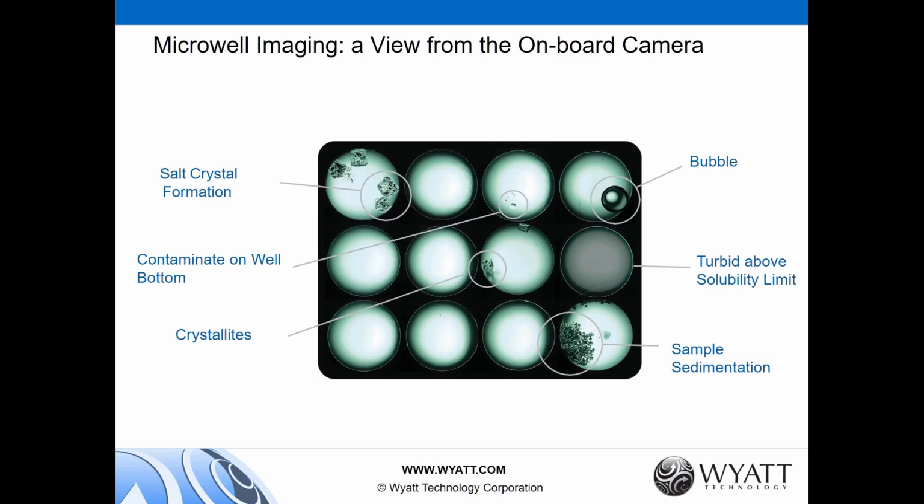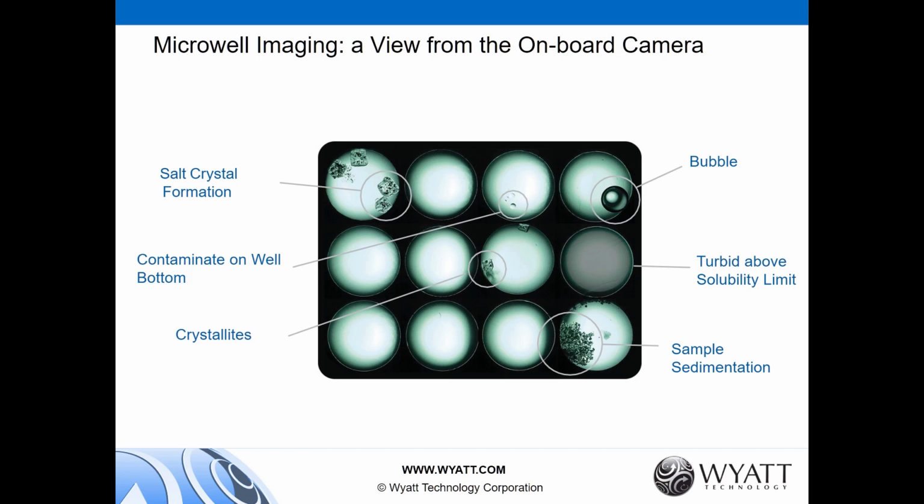And then last but not least, we have the microwell imaging. So there is an onboard camera, takes a view of the bottom of each well, so you can see what's happening in your well beyond the micro level and into the macro level. It's not a microscope, so you're not going to see 2-5 micron particles in here, but larger things that happen, whether it's sedimentation, decrease in transmittance due to turbidity, presence of a bubble that might have formed or been injected.